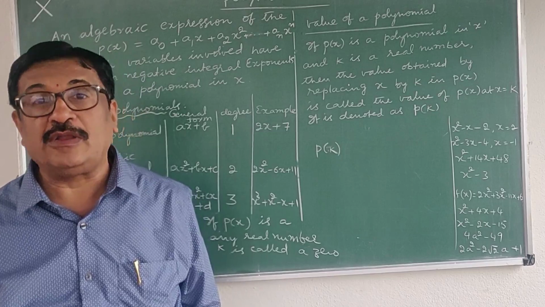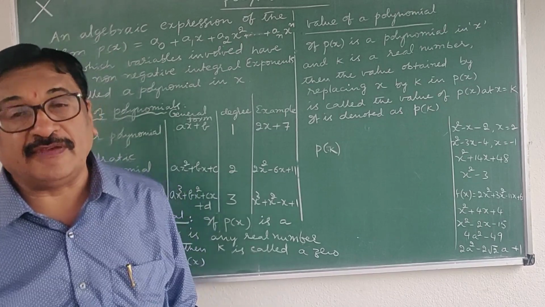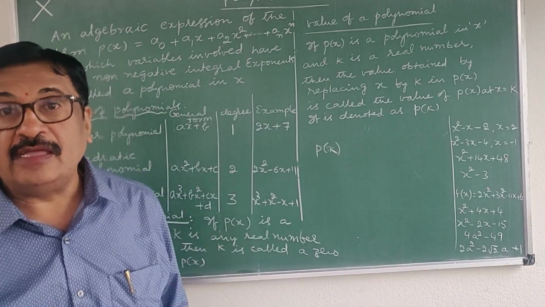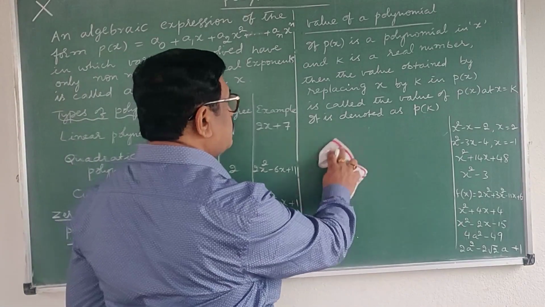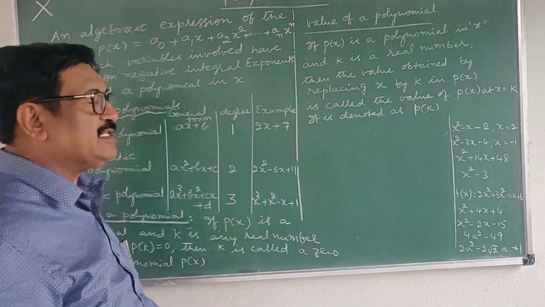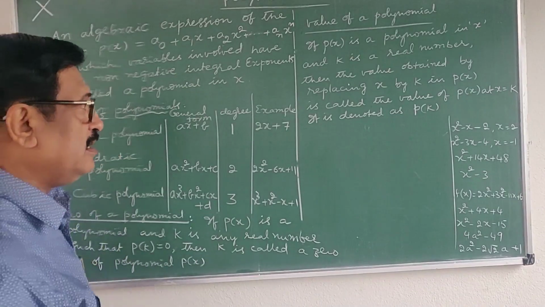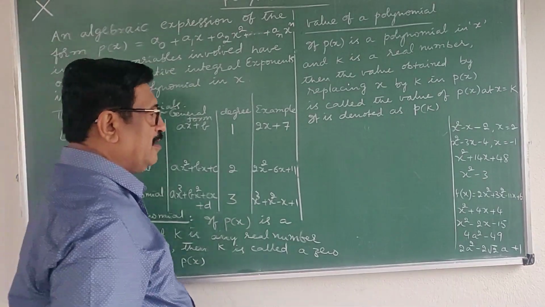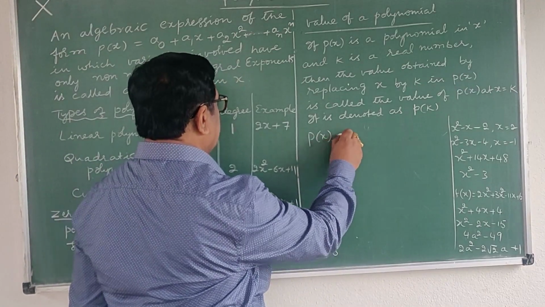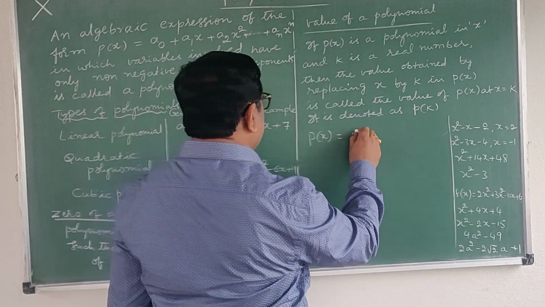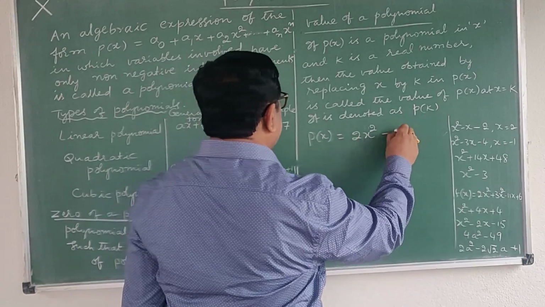The result you get is p of k, which is the value of the given polynomial. Right, we will consider some examples to find the value of a polynomial. Say for example, I write p of x is equal to 2x squared minus 5x.